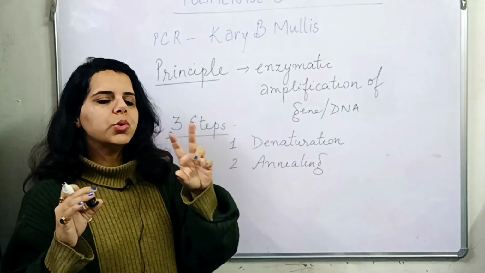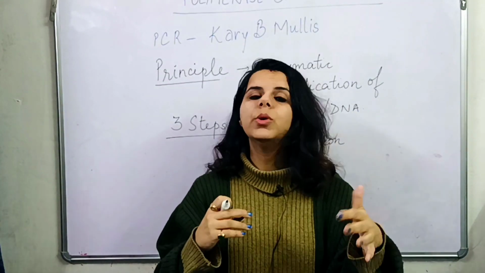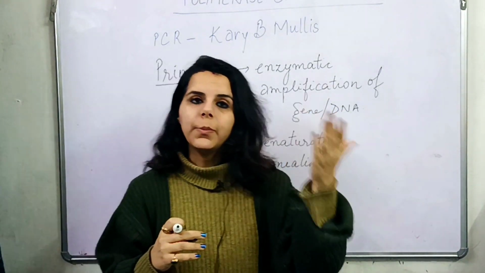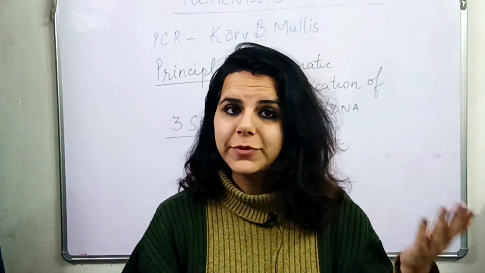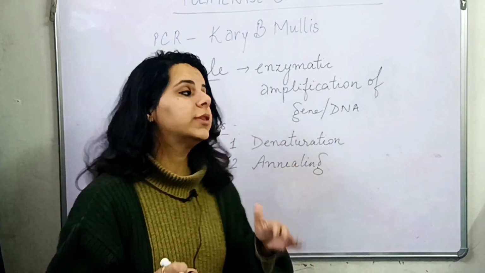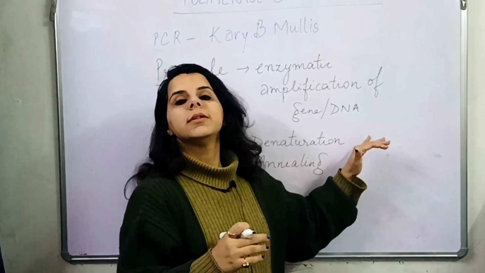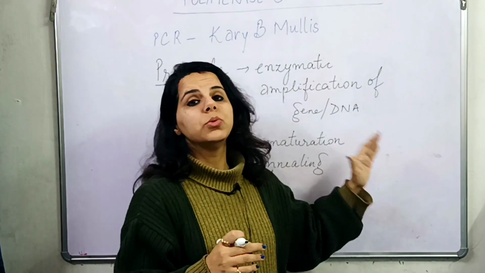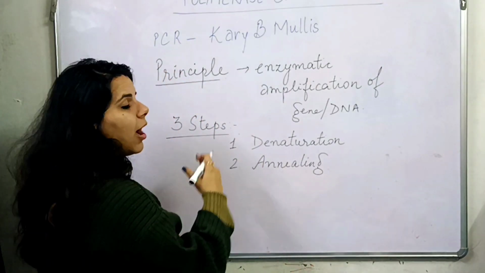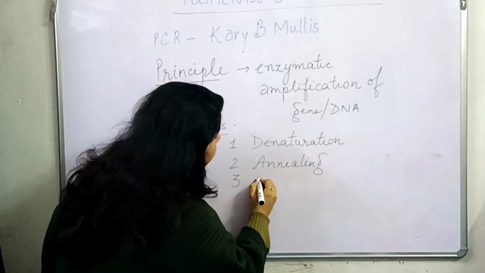So here two RNA primers, one on each strand, are being attached, and then the 3' OH group is being left so that more nucleotides can come in and join. Now this particular step occurs at a different temperature than the temperature that is being used for the first step, that is denaturation. Then after annealing, the third and the last step is extension.